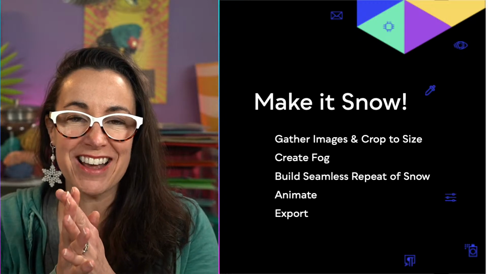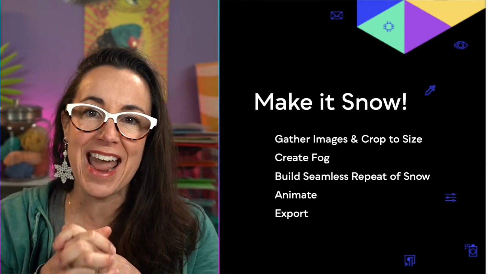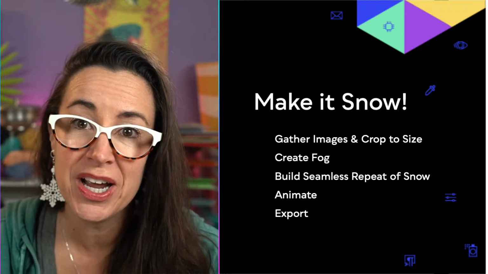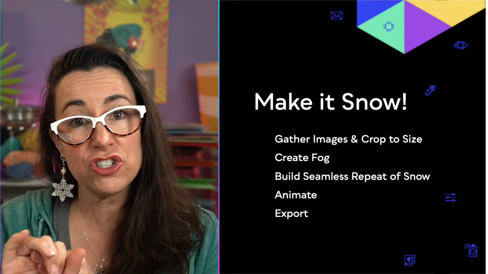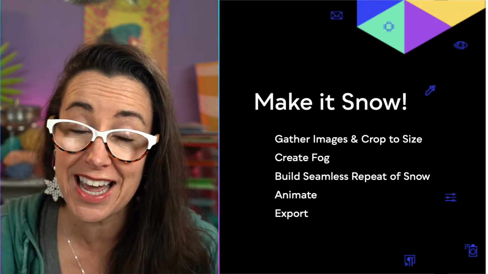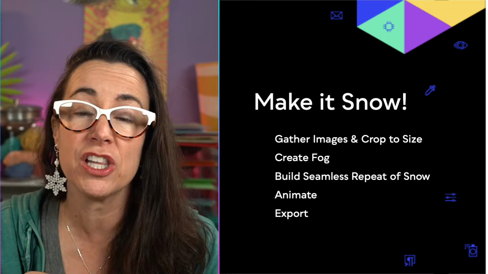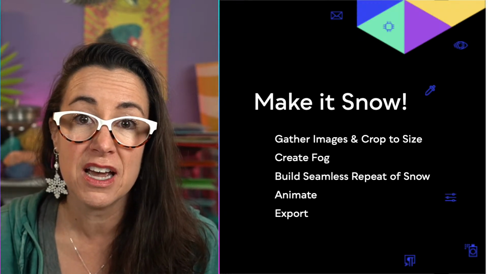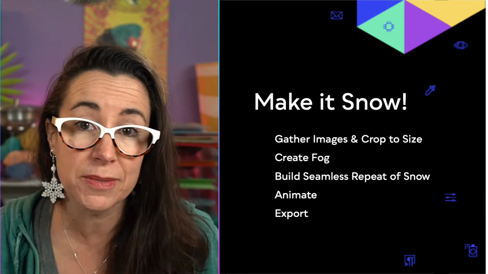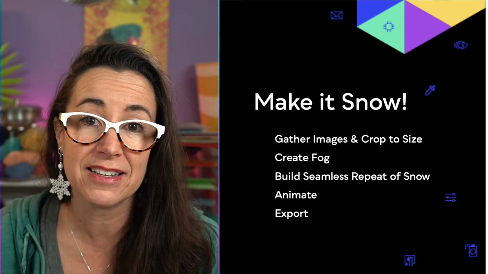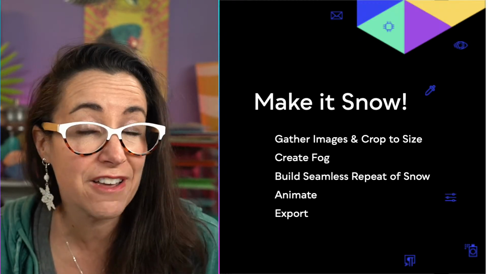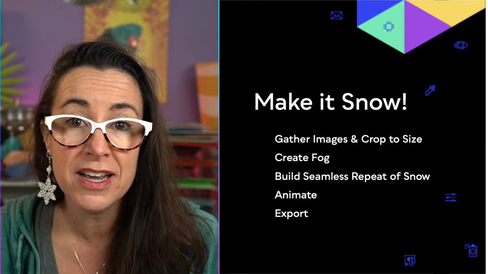So here is kind of how this is going to play out, the steps that we're going to follow to make it snow. We are going to be using, just like I said, two still images, and they're both from Adobe Stock's free collection. So in the description below the video, I have links. I'm pretty sure I put it both in there. So if you are a Creative Cloud subscriber, you can access, license, and download the exact same files for free if you want to try and follow along.